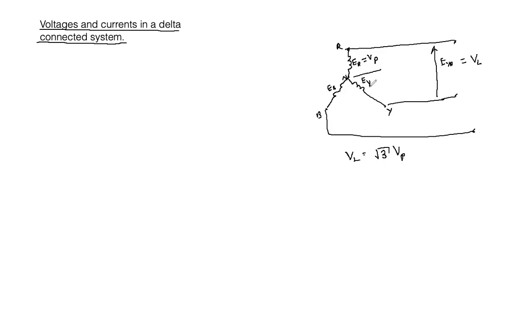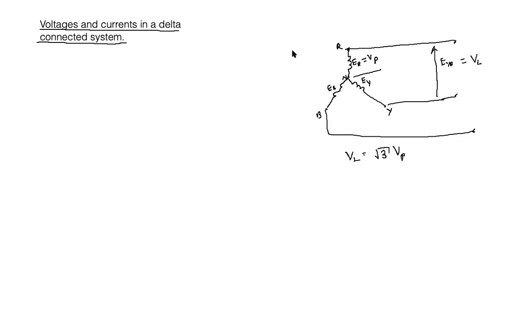Definitely, the line voltage must be bigger. So that's what you would think to remember this. This is the relationship between the line voltage and the phase voltage in a star connected system.